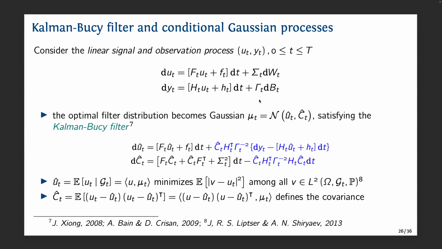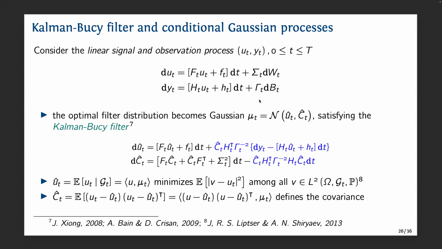And what the Kalman filter formula tells us is that the posterior distribution is given by these additional terms. Y is the observation, and this is a comparison of the observation with the model forecast. And here is a covariance that is related to the second moment of the system. So all the statistics are coupled here, and the variance equation is also coupled with the observation operator and the covariance matrix.